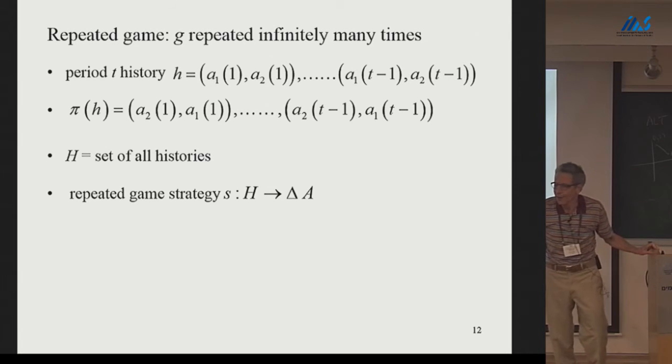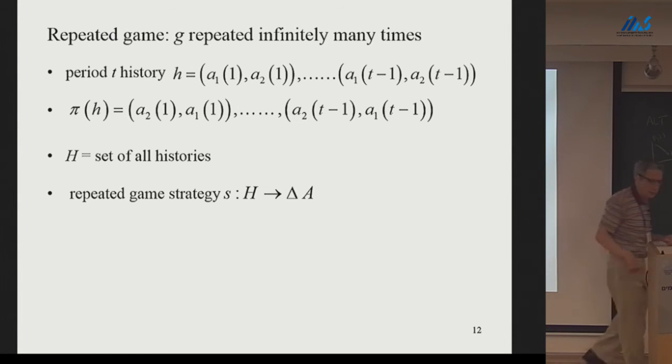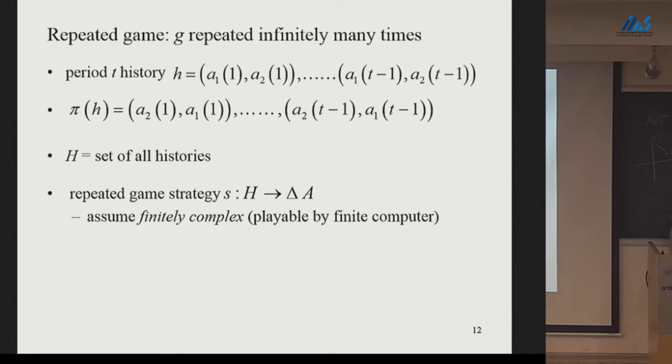So you either play an action with probability 1, or you play it with 0 probability. And it'll turn out to be convenient, although this is not actually essential, to assume that strategies are finitely complex, which means that they could actually be played by a computer with a finite memory.